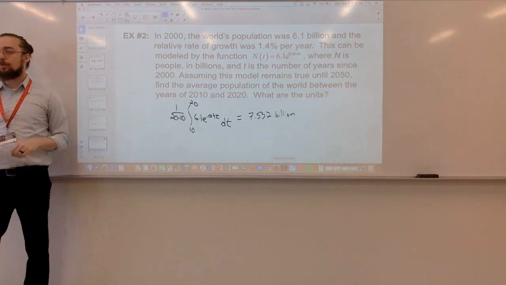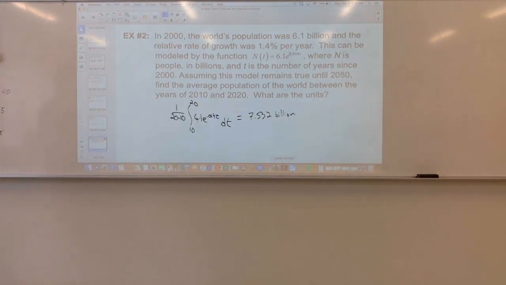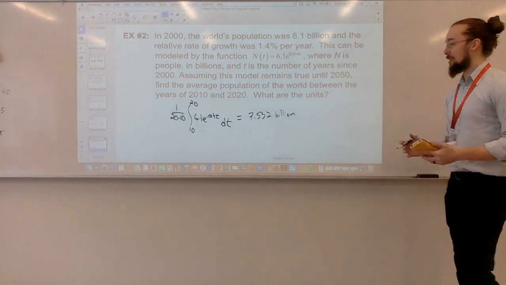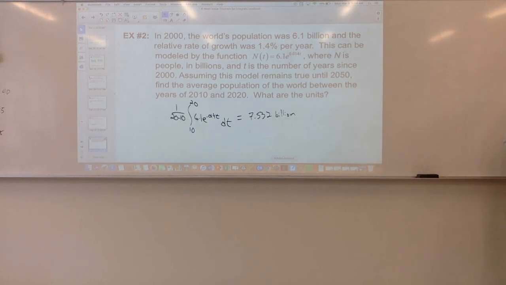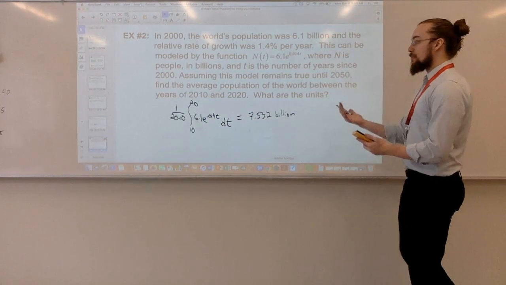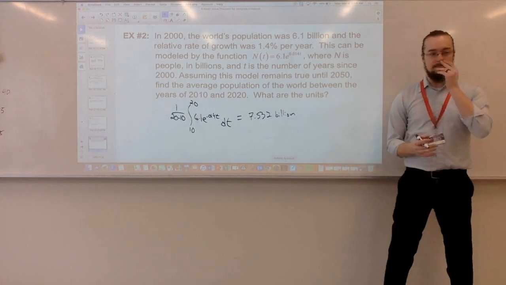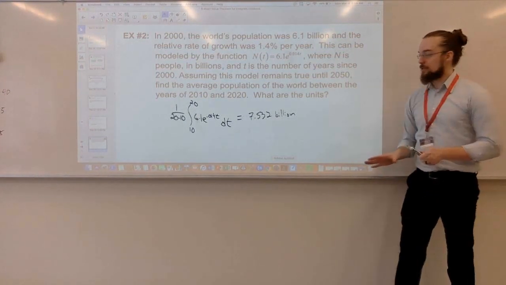Okay. 1 over 20 minus 10, which would just be 1/10. Okay, so whenever we're finding average value of something, we're using this format: 1 over b minus a times the integral of our function. Okay, we okay with this one?